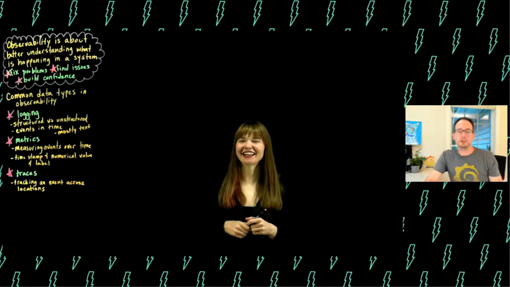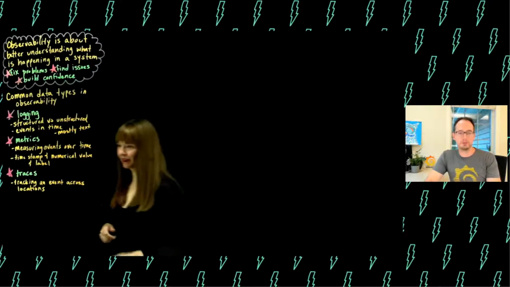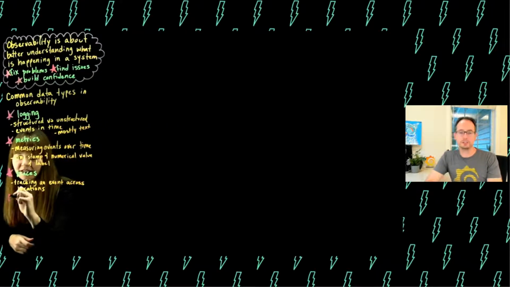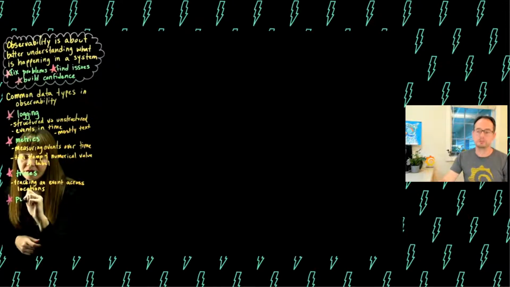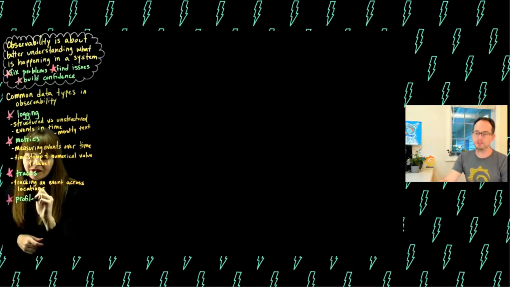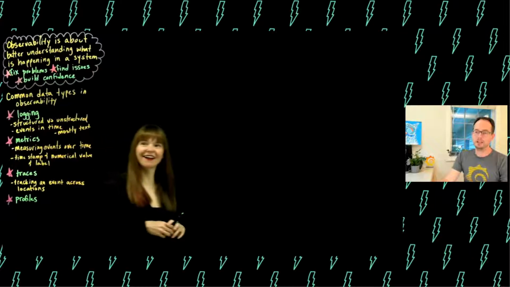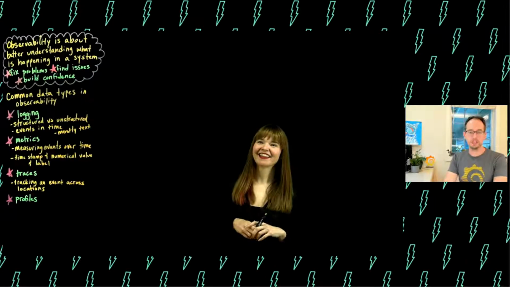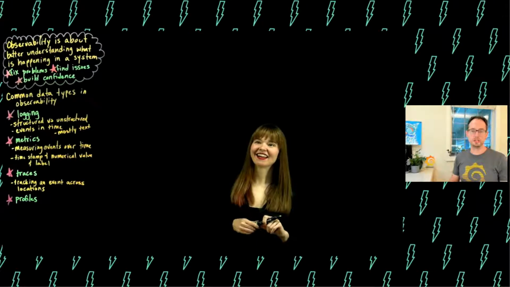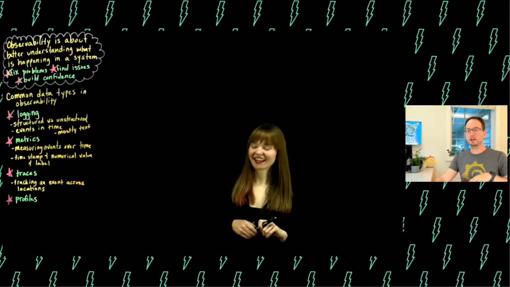So the fourth one that a lot of people don't talk about is profiles. Profiles is now called the fourth data type of observability, and right now it's in the process of being added to tools like OpenTelemetry, with native handling of profiles.